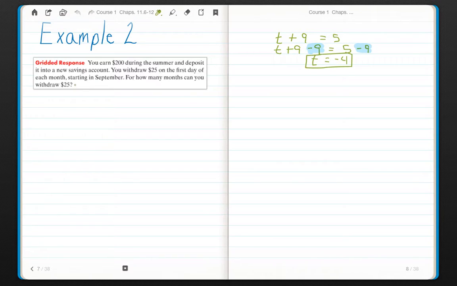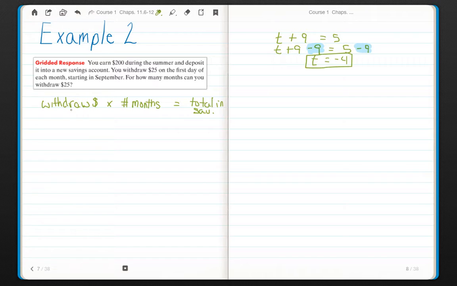I know I'm going to withdraw some money, and I'm going to withdraw that money for some number of months, and that's going to equal my total in savings.